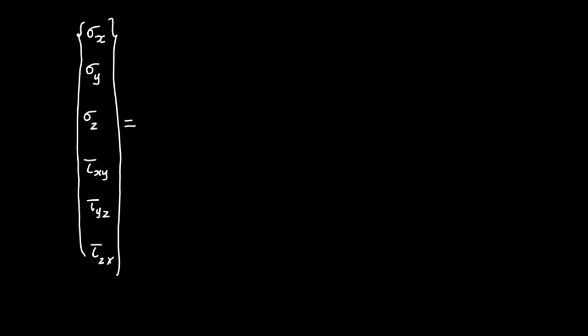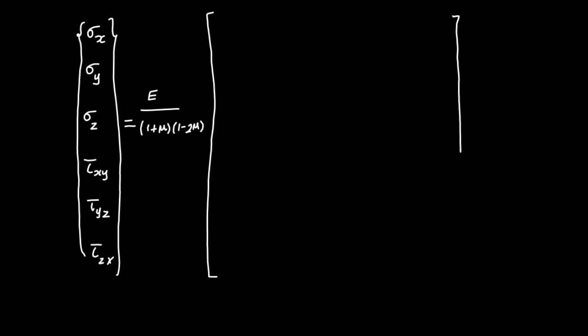And you have the term that is kept outside each of the three equations, which is capital E divided by 1 plus mu into 1 minus 2 mu. There is going to be a 6 by 6 matrix.